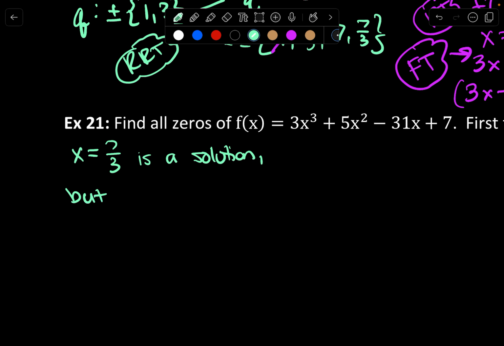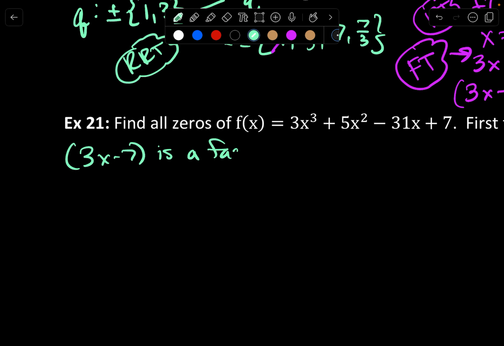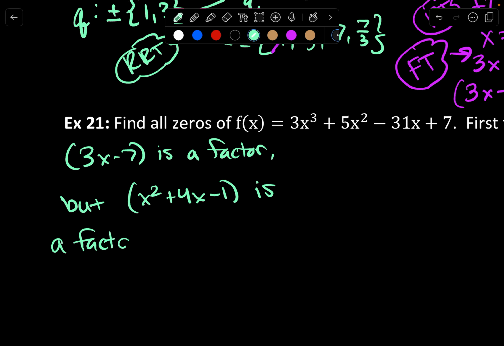But actually let me rephrase that because we want to use the factors. So we'll say that 3x minus 7 is a factor, but x squared plus 4x minus 1 is a factor, but it's not factorable.